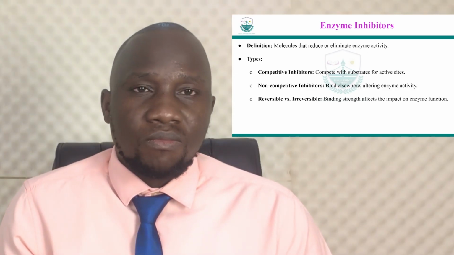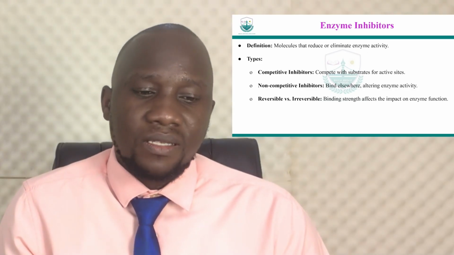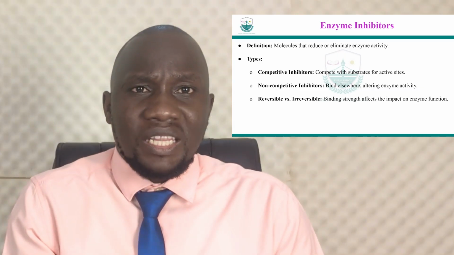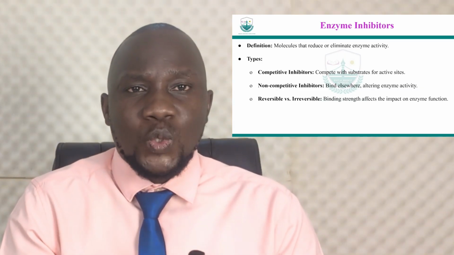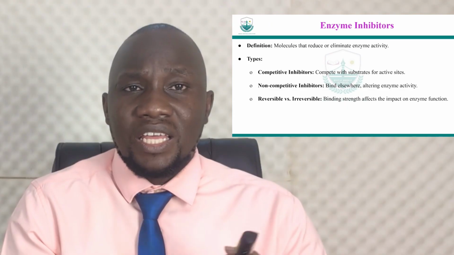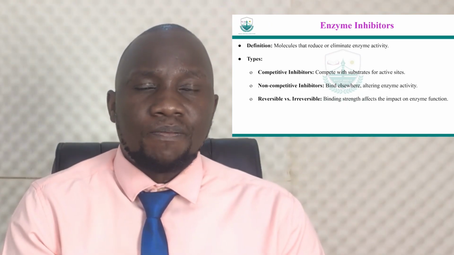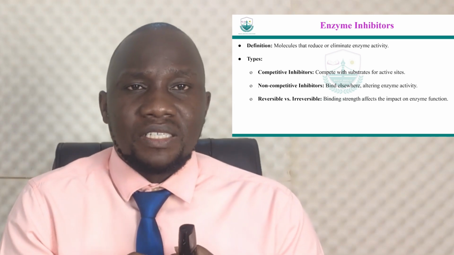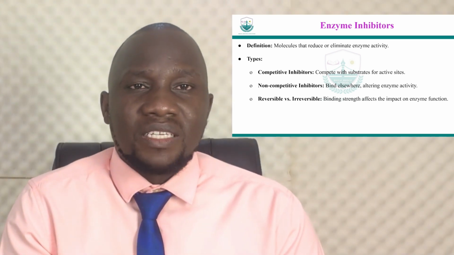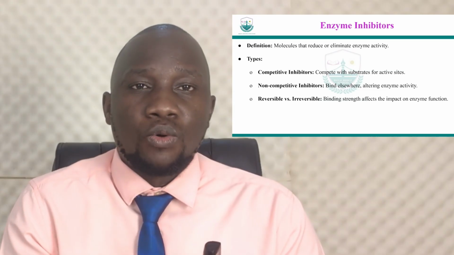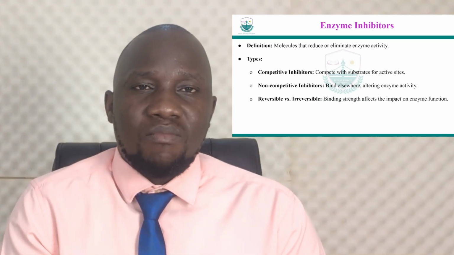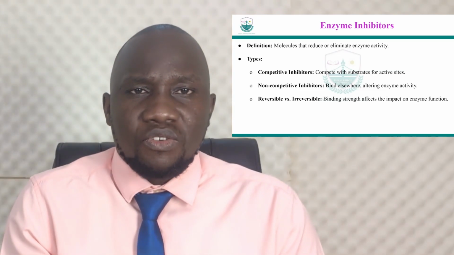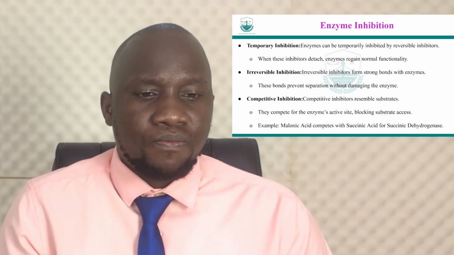Okay, so that's where you have reversible versus irreversible, and usually that comes in with the strength of attachment between the inhibitor and the enzyme. If that attachment is a strong one, then it's going to be permanent or irreversible inhibition. If it is temporary, then it is going to be reversible.